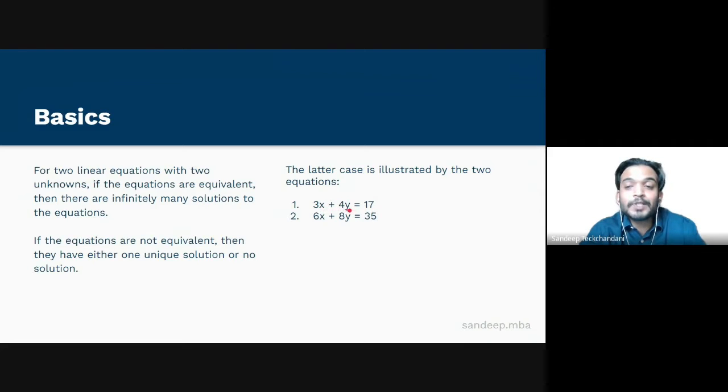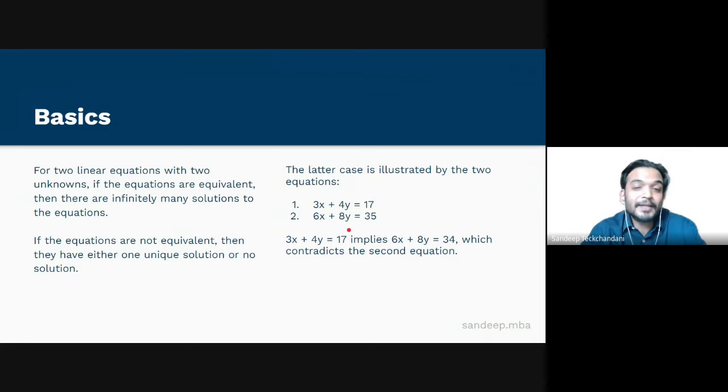Therefore, 6x plus 8y is equal to 34 contradicts the second equation, that is 6x plus 8y is equal to 35. Thus, no values of x and y can simultaneously satisfy both the equations.